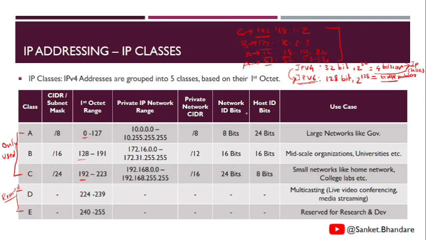And based on this network ID and host ID bits, your network will be identified and your end host will be identified. So whenever any data is sent or received, it will first be received at your network end and then it will be processed to your host ID. So let's suppose this is my smartphone and the IP for my smartphone is 192.168.1.2, and this is my network, 192.168.1.0/24.